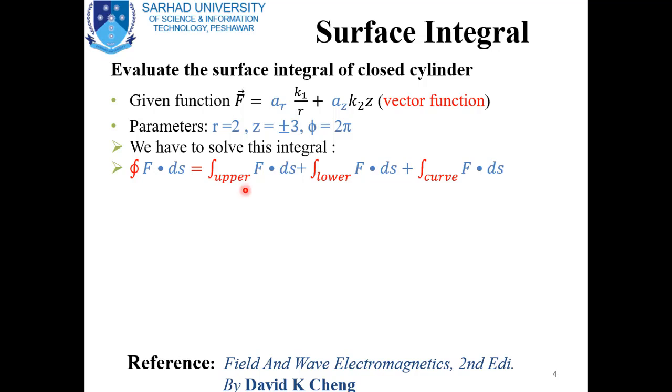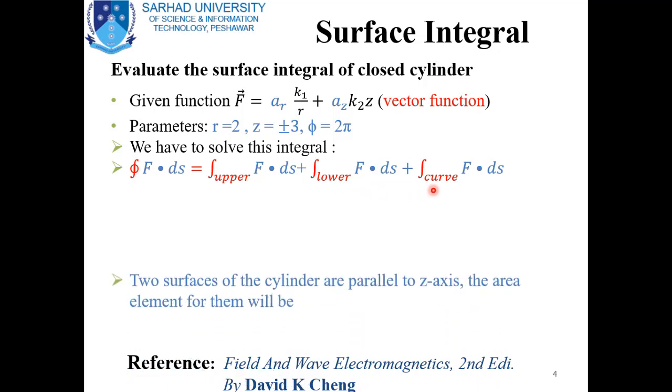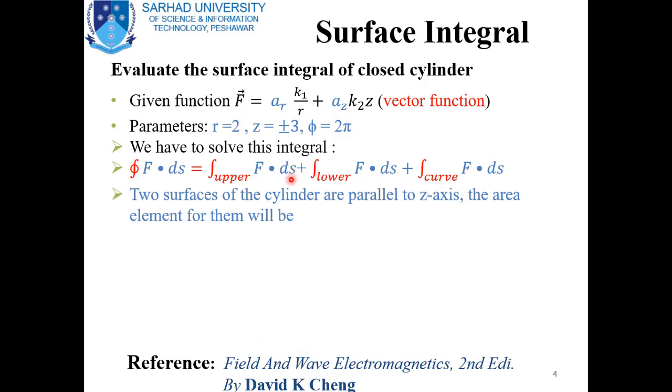surface or the upper plane, the lower surface or the lower plane, and we have a curved surface of a cylinder. Now we have to calculate ds for each surface, in which 2 surfaces are perpendicular to the z-axis. The upper surface of the cylinder and lower surface of the cylinder are perpendicular to the z-axis.